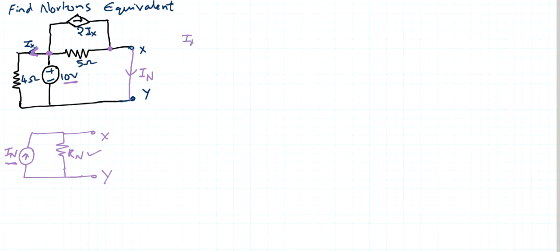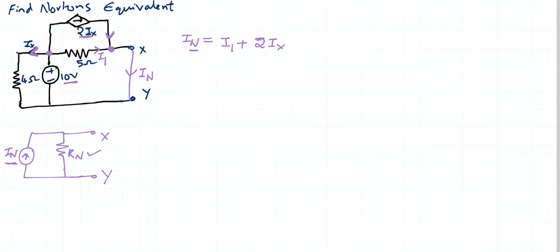In is equal to, let us think the current flowing here is I1. Here you know the current is 2Ix. So In is the addition of I1 plus 2Ix. Ix we have to find out.